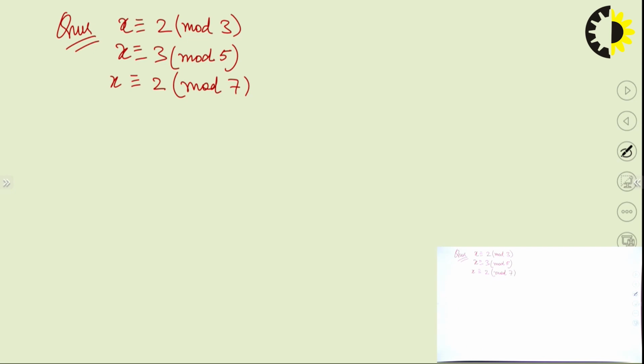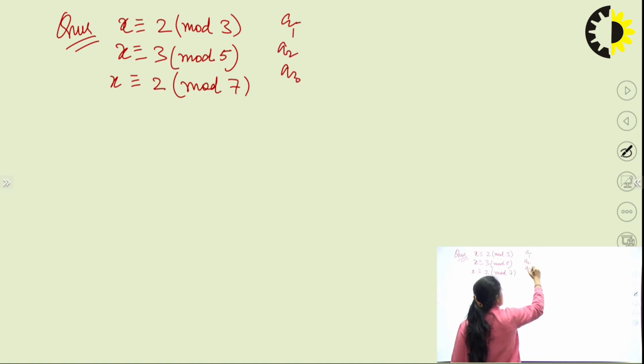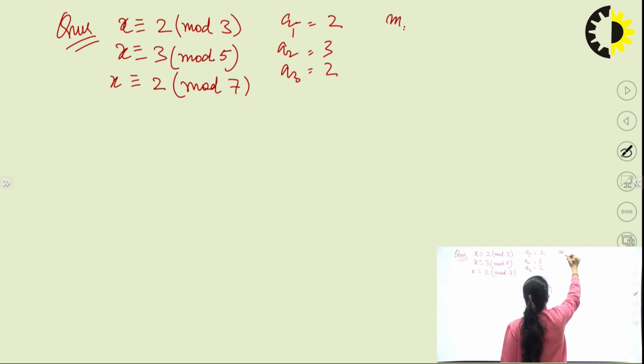So this is our new question. In this, the values of A1, A2 and A3 are 2, 3, 2. The values of M1, M2, M3 are 3, 5, 7.